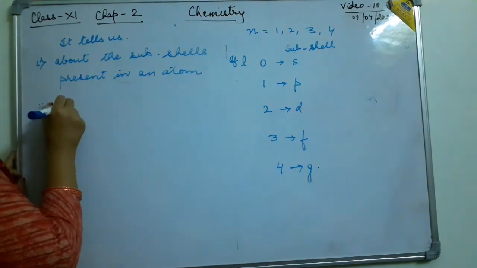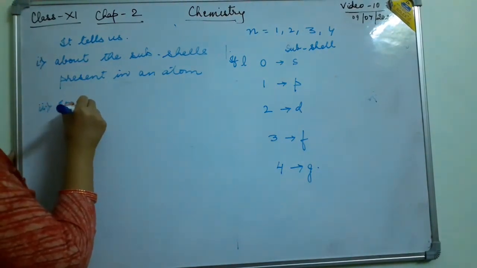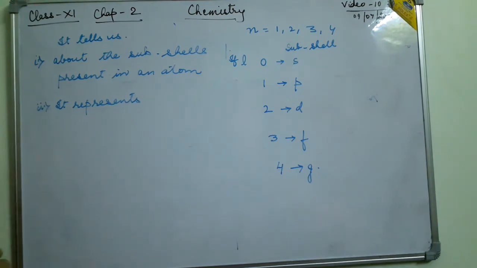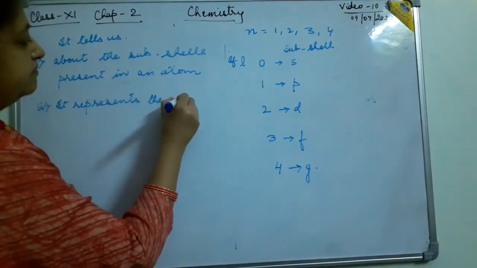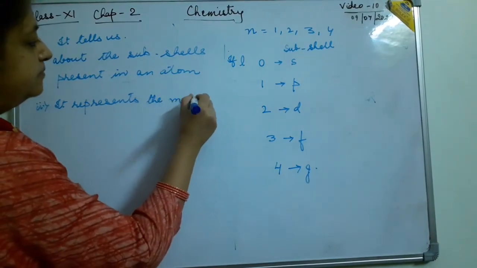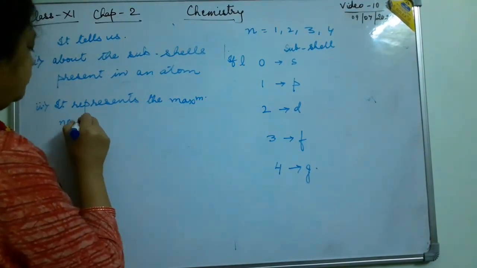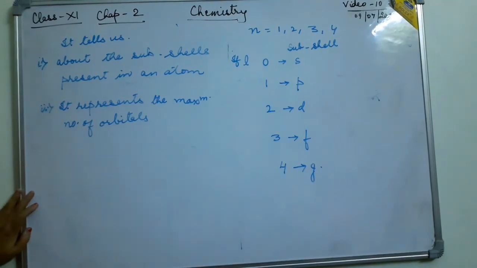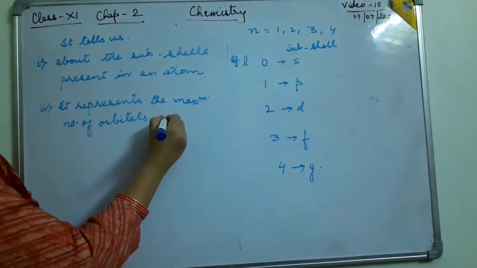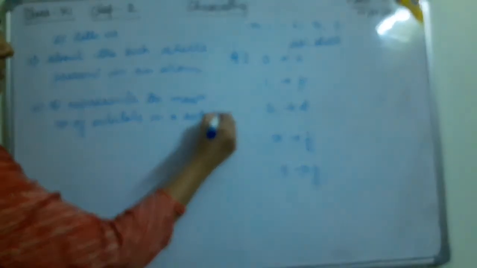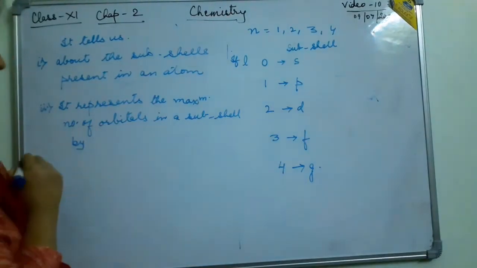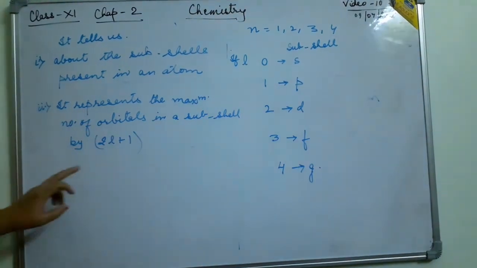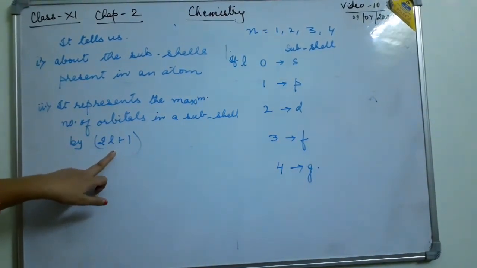Second, it represents the maximum number of orbitals in a subshell by 2l plus 1.